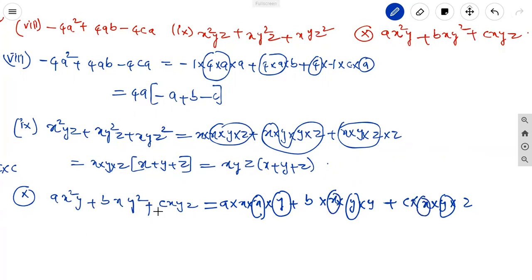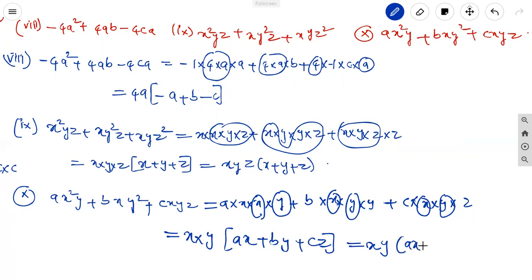Here only xy is common, so we take xy outside. The remaining are a into x, ax, plus b into y, by, plus c into z, cz. It is equal to xy into (ax plus by plus cz). Okay, this is the factorization method.